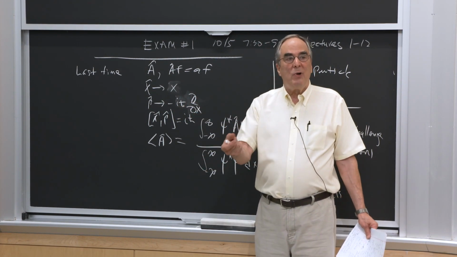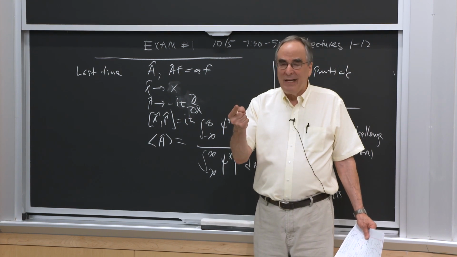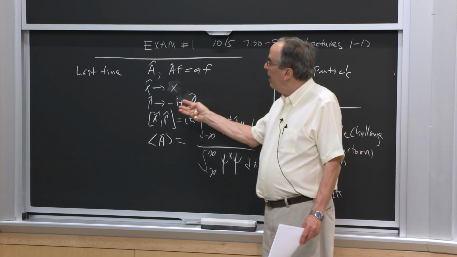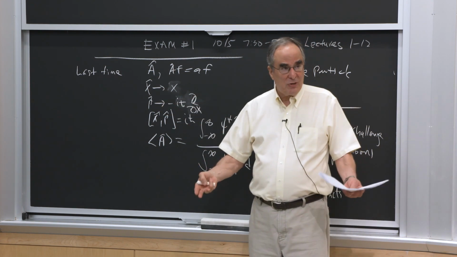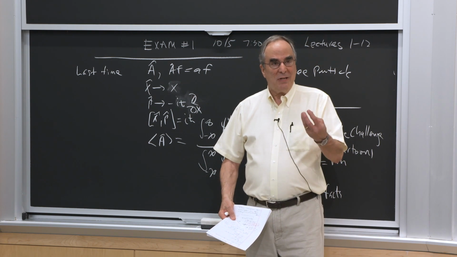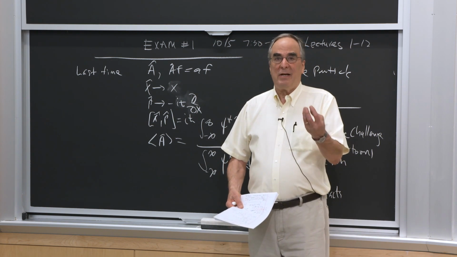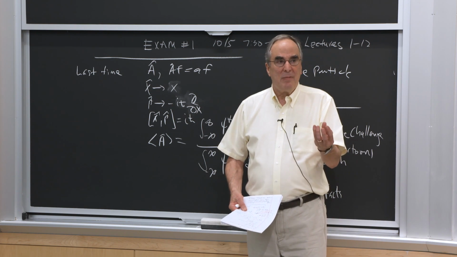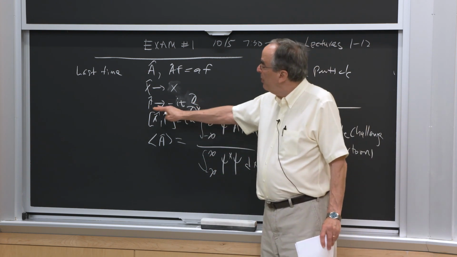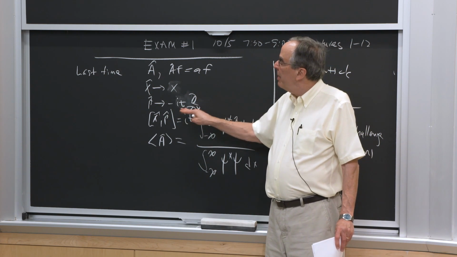That should bother you two ways: one is the i, and the other is the partial derivative. But when you apply this operator to functions, you discover that out pops something that has the expected behavior of momentum. So this is, in fact, the operator that we're going to use for momentum.